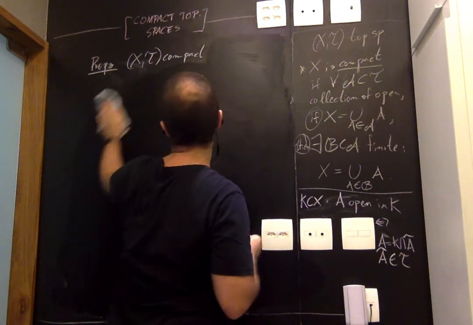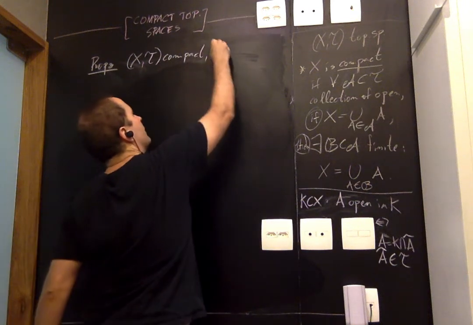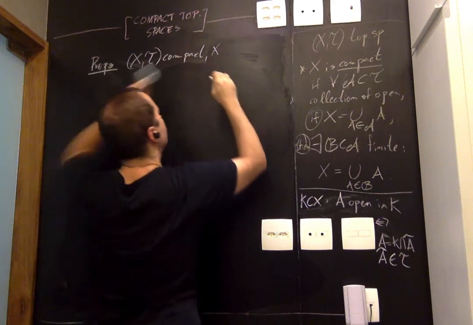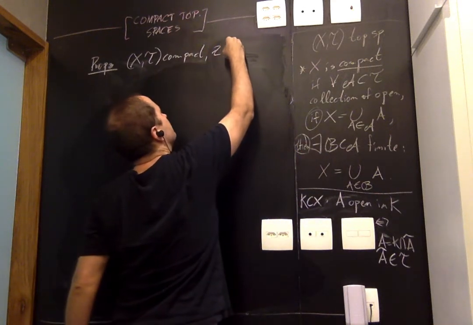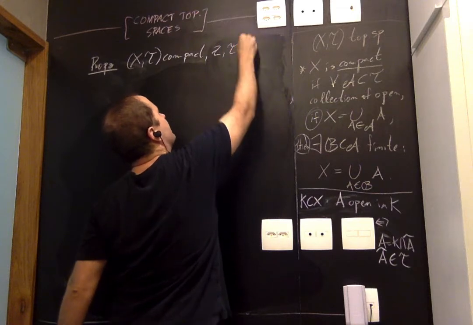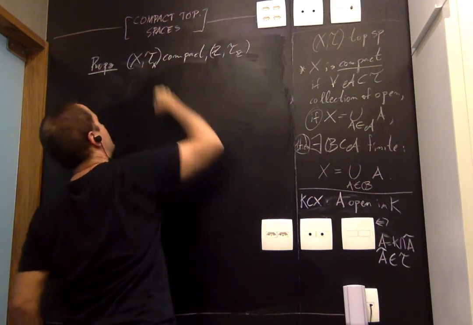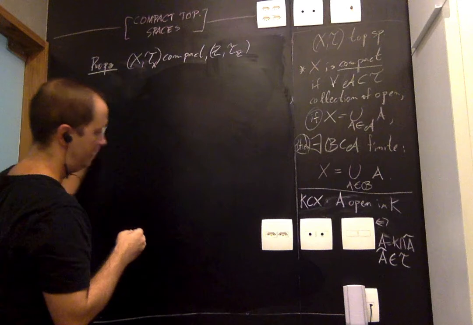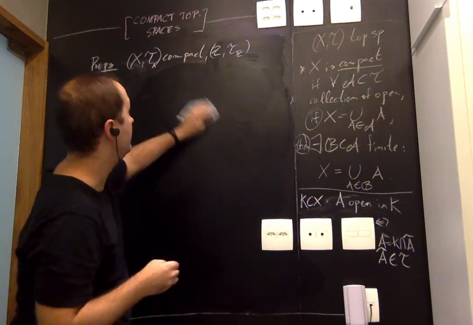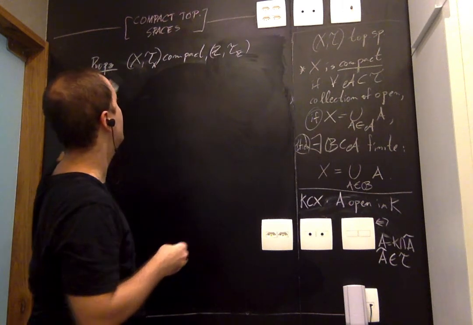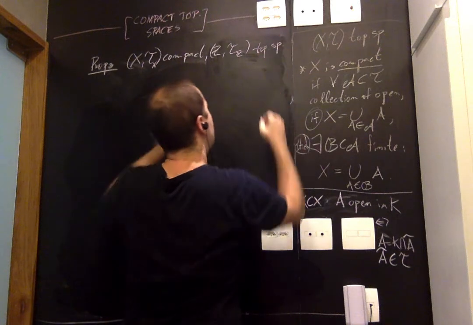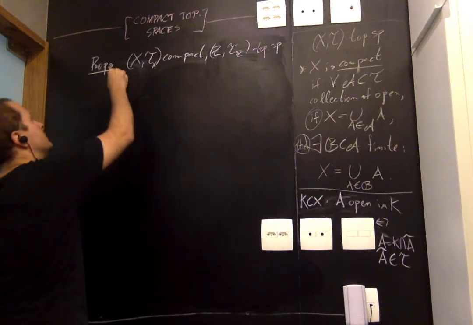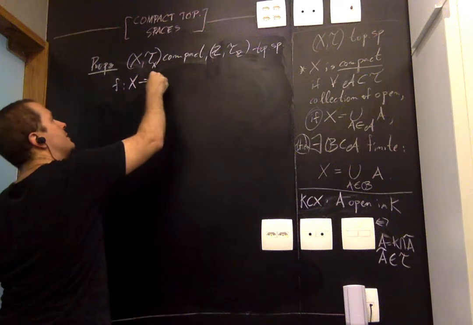a topological space, this should be Z here. So let me actually call this tau Z like we do with the metrics, right? We just have a subscript and that distinguishes, okay, that means this is a topology of Z. So here I have a topological space, and I have f from X to Z continuous.